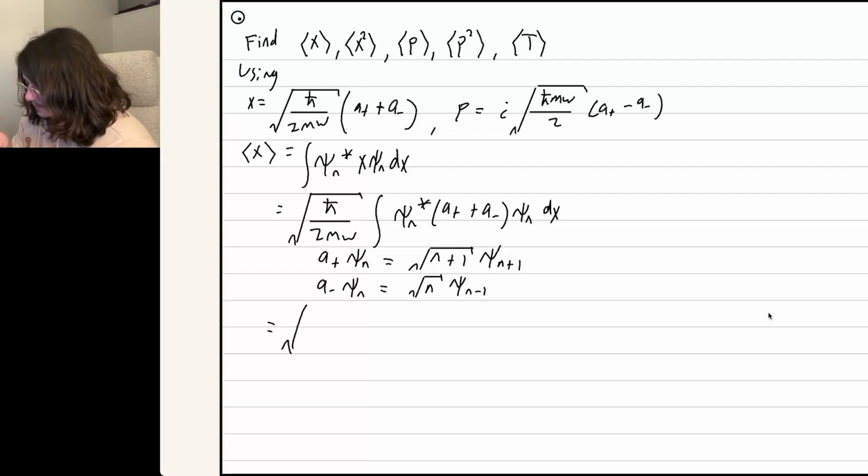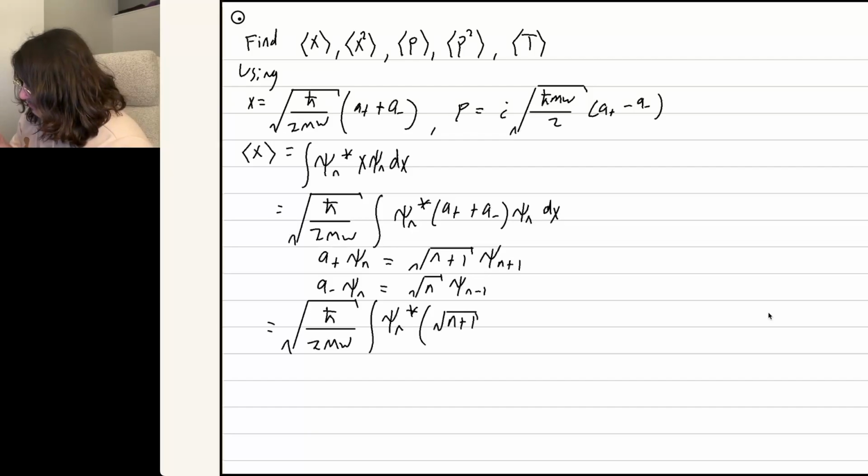So applying that to our calculation of the expectation value of position, you'll have psi n star times (root n plus 1 psi n plus 1 plus root n psi n minus 1) dx.